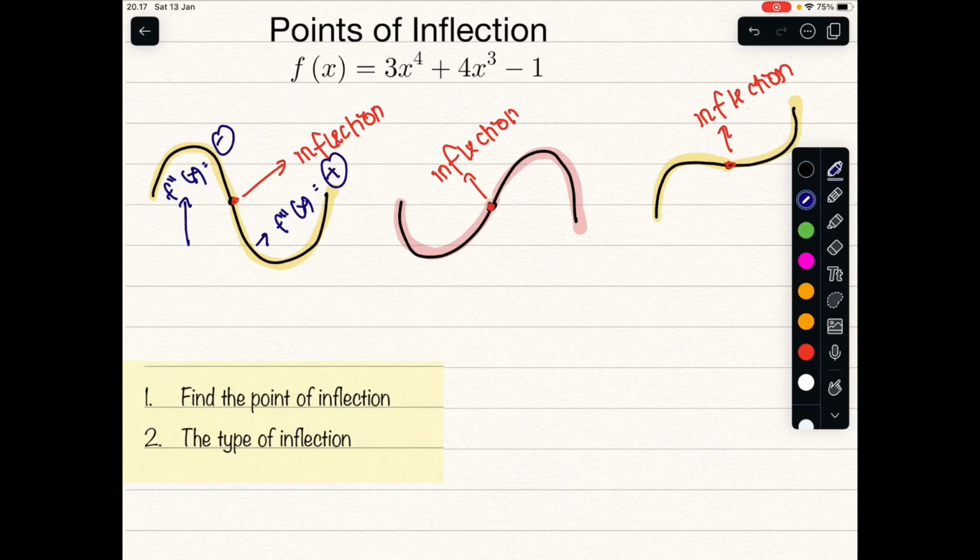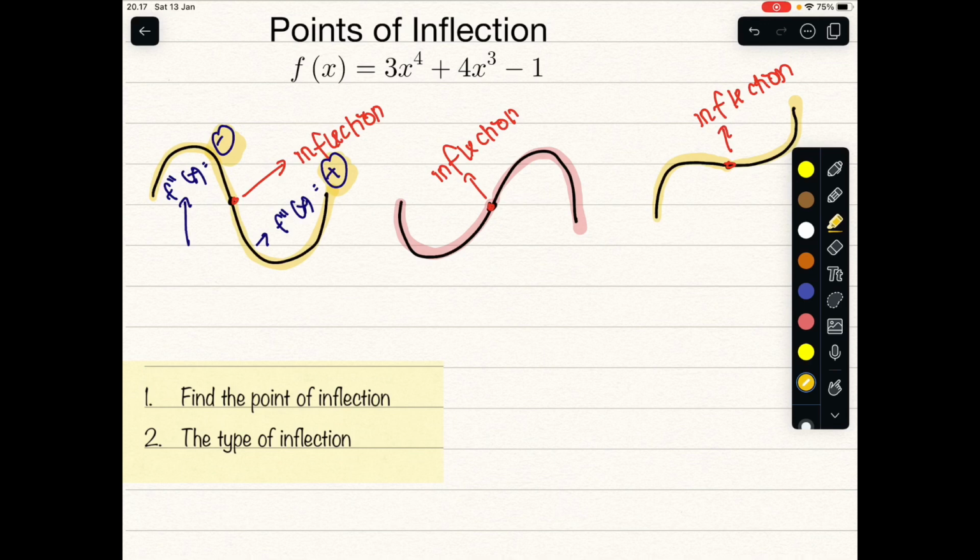Why it's like that, we need to discuss in another lesson, because it's going to take a while. So when a graph is concave down, the second derivative is negative, and when a graph is concave up, the second derivative is positive. When there's a transition from second derivative negative to second derivative positive, there's going to be a point of transition.